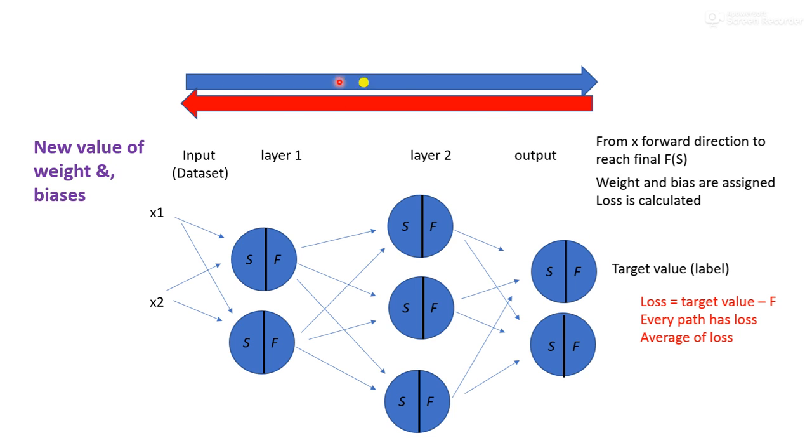So you need to go moving forward, backward, moving forward, moving backward, one epoch, second epoch, third epoch, fourth epoch, fifth, 7, 8. See the loss, not 0.